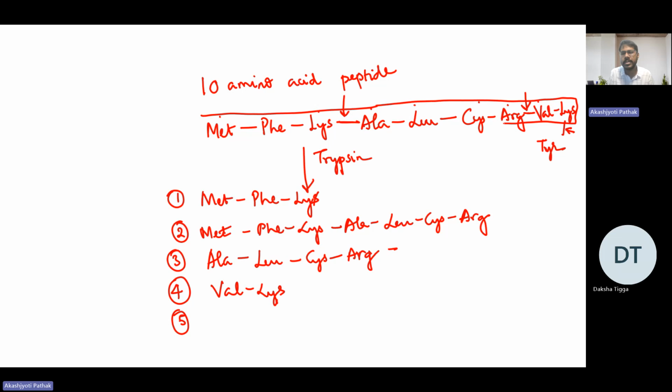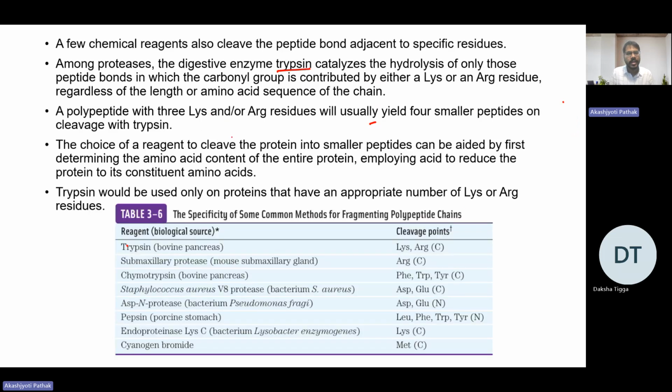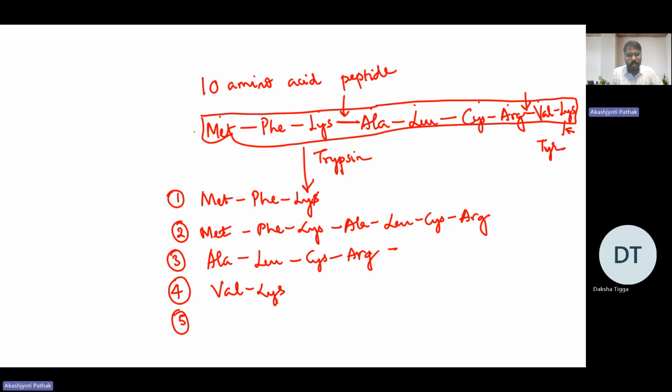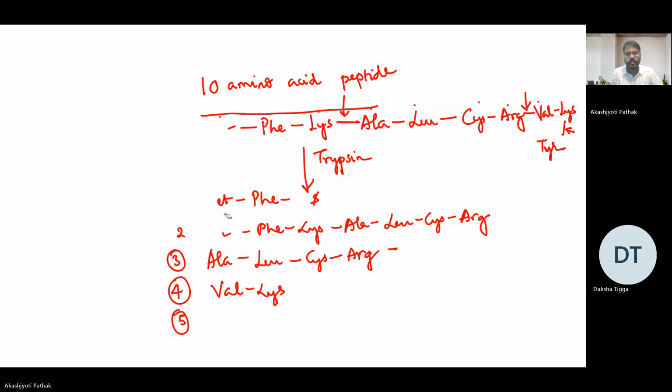Here they have taken an example of a four amino acid peptide chain. If you have a four amino acid peptide chain, you have small peptides with three lysine or arginine residues. How many peptide fragments will you get? Let's take an example of a four amino acid peptide.